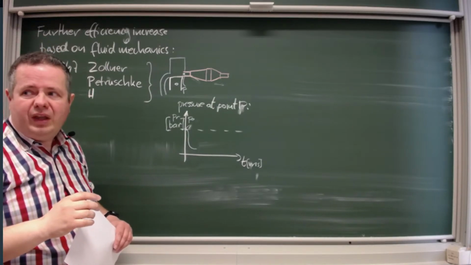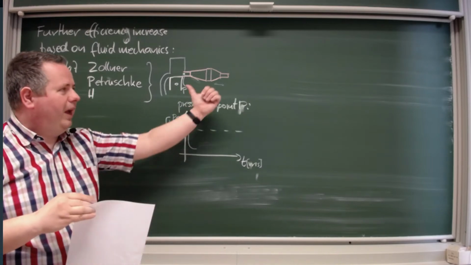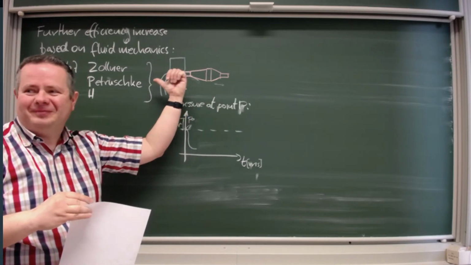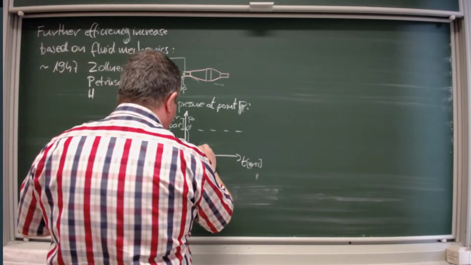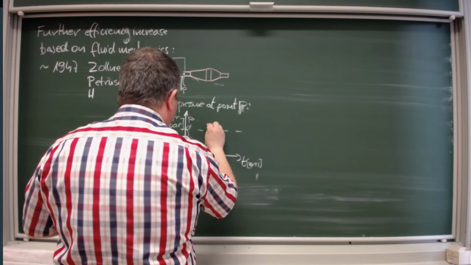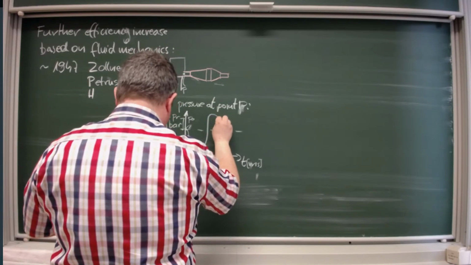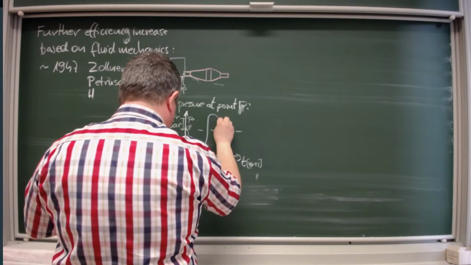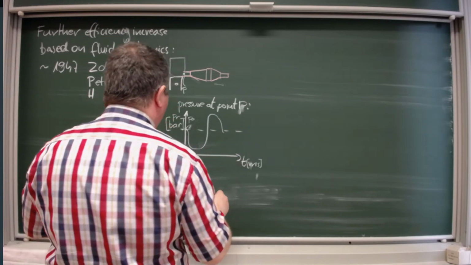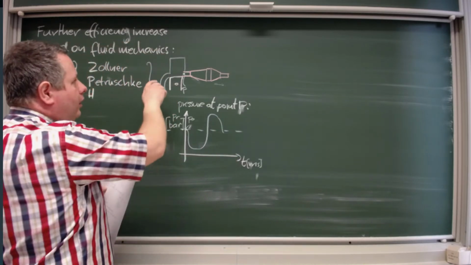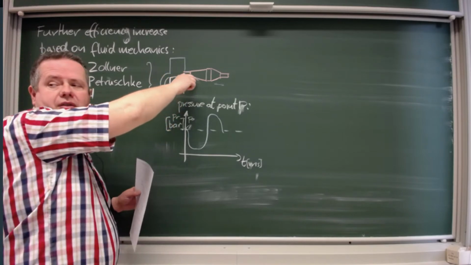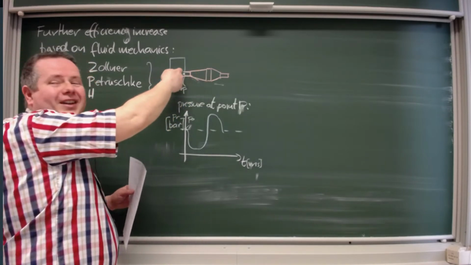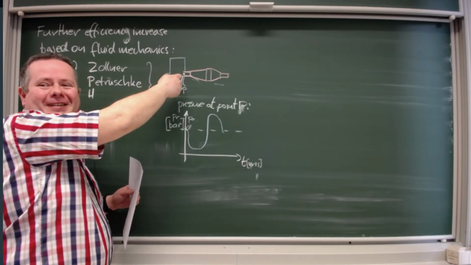There's a pressure wave that goes back in the opposite direction. So at this point, there will be a sudden pressure increase, and a part of the fresh gases that went out in the exhaust goes just back in the cylinder.